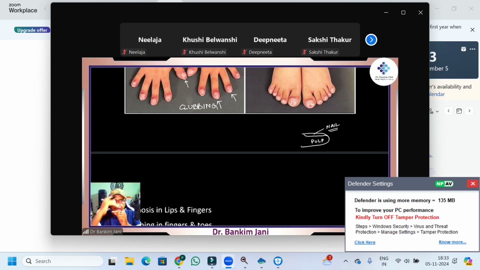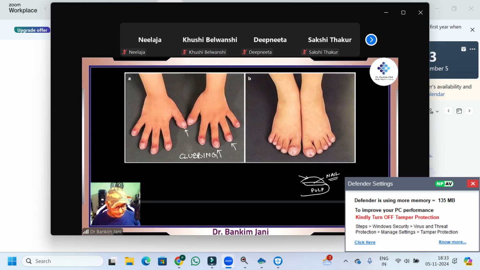When this nail bulges, watch this, drum like, so this nail bulges like this. This is the indication that definitely there is a respiratory system problem. So you will find that in patient, see all the fingers, the nails, they are bulged, even in feet.